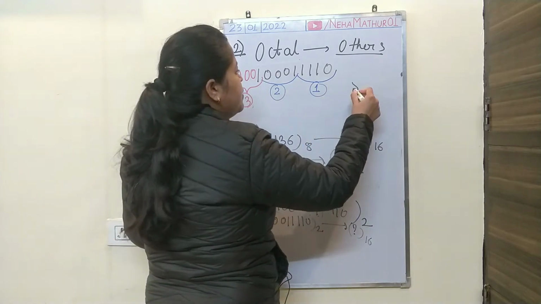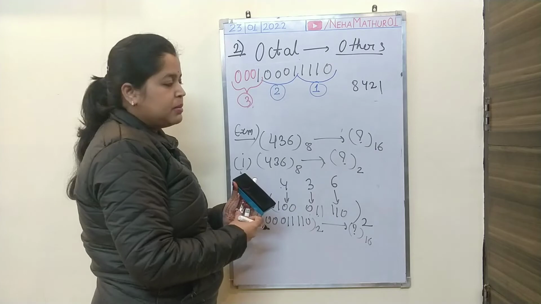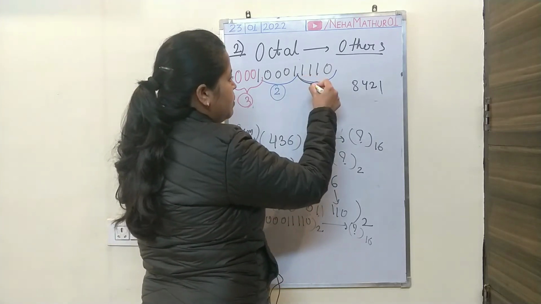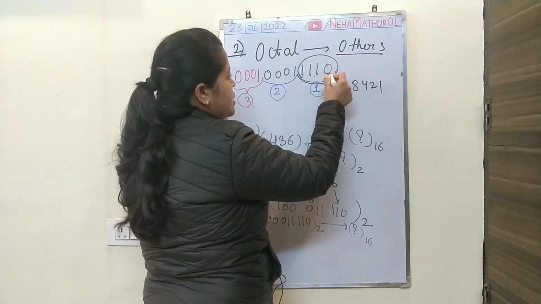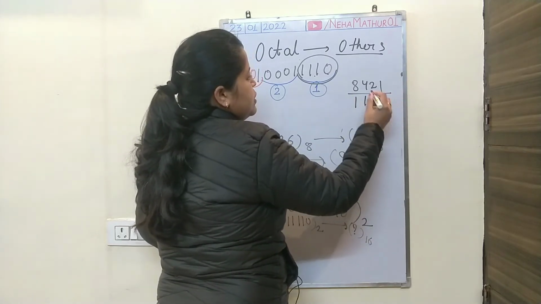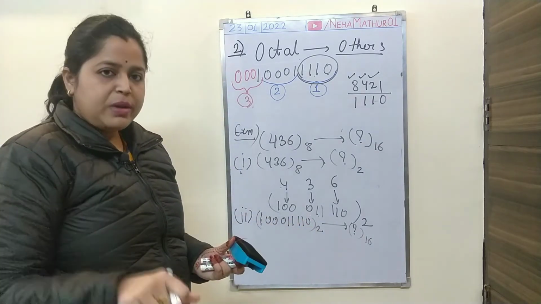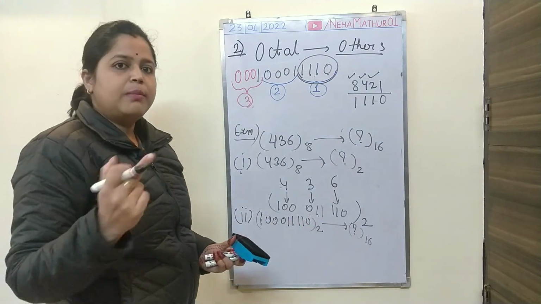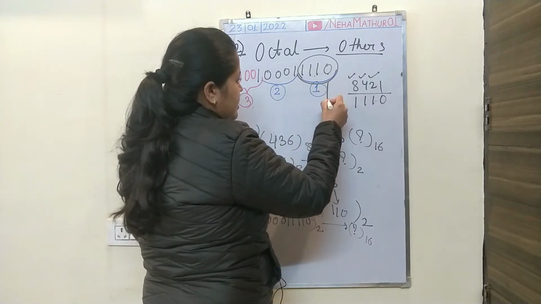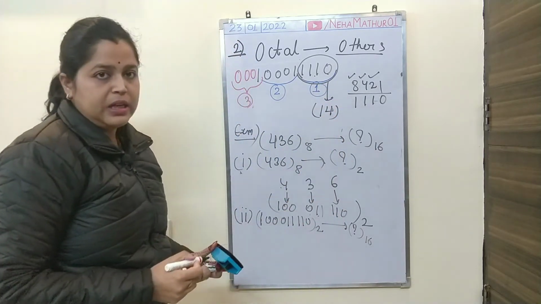Simply using 8 4 2 1, you can convert each individual group into the relevant number system. For the first group you have 1110. So using 8 4 2 1, 1110 means this one and this one, these 3 digits are going to be added. 8 plus 4 is 12, plus 2 is 14. So the first group is going to provide 14.